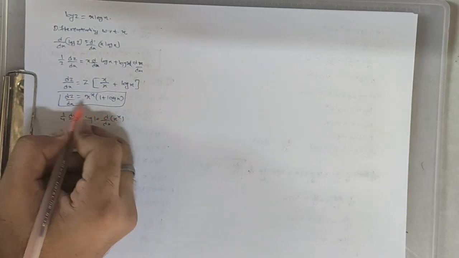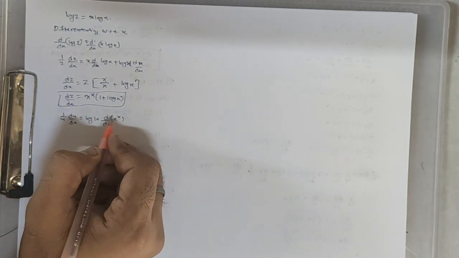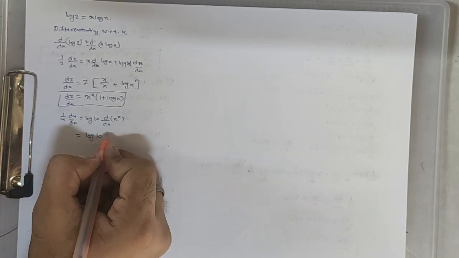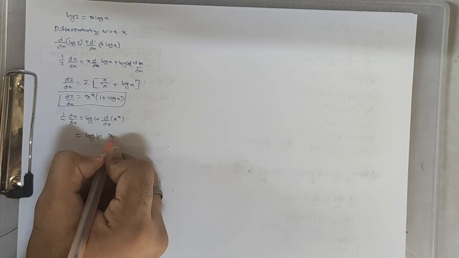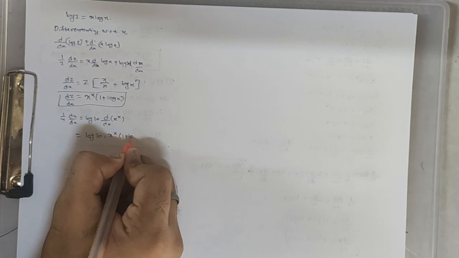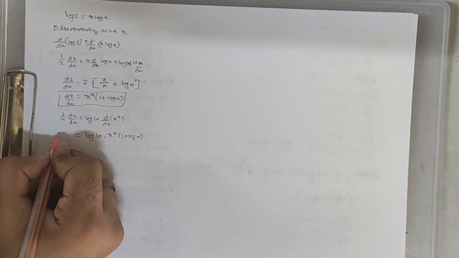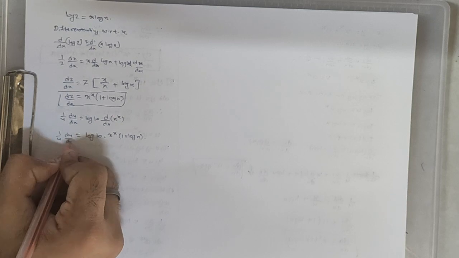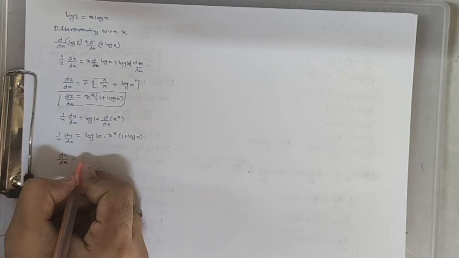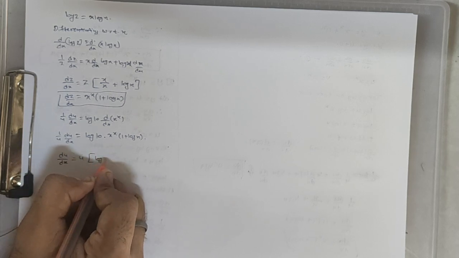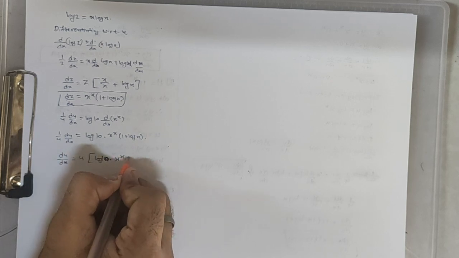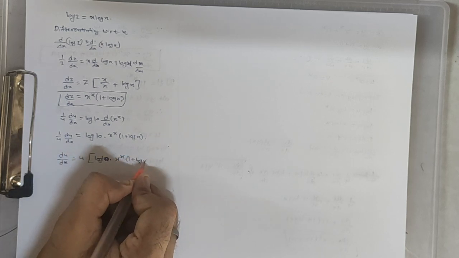Here dz upon dx is the differentiation of this, so we will replace. So x raised to x, 1 plus log x. This is our 1 upon u du upon dx. So du upon dx will be u into, in bracket, log 10 into x raised to x into 1 plus log x.